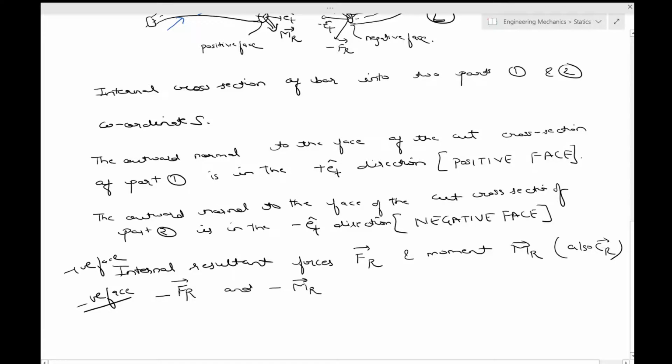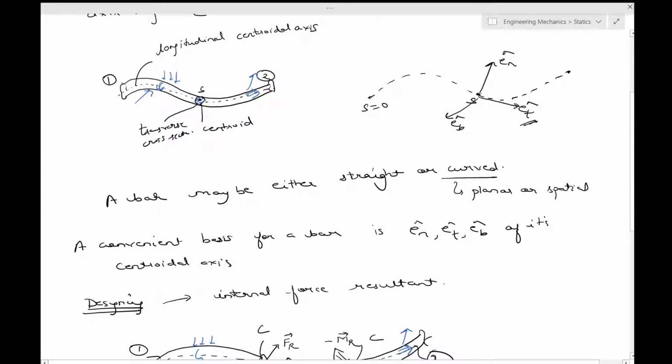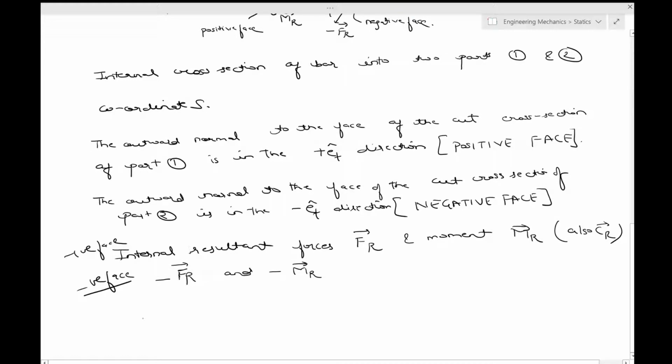We will now use this basis, Et, En and Eb, to write all the vectors we have just defined. Let's write Fr as Ft Et plus Fn En plus Fb Eb. This would be equal to minus Fr on the negative face, along minus Et hat.